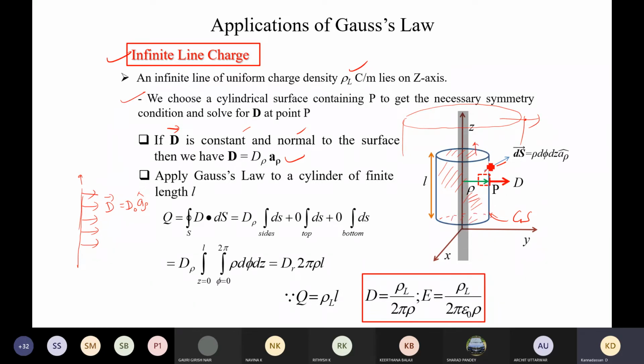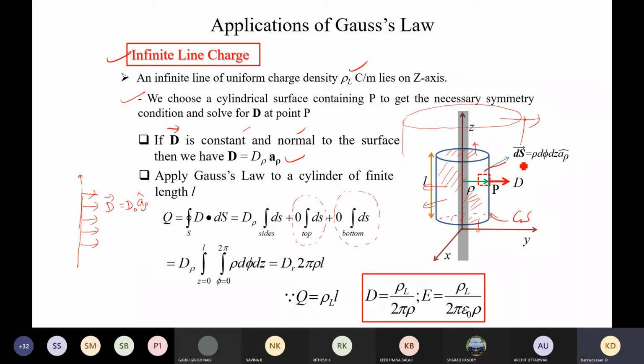Anyway, the D component available on the top and bottom is going to be 0 only. So the top surface and the bottom surface are going to have a total flux density of 0, since the D vector is perpendicular all the time. So we only need to see the side direction, and what flux is coming out in this direction.